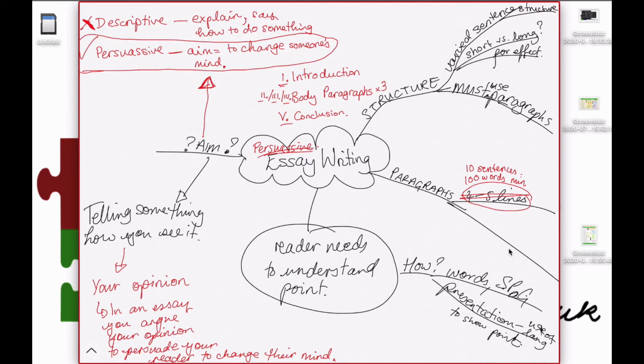Okay, right, next we're going to continue with structure. So you said we must use paragraphs, that's correct. Must use paragraphs. Do you know what a paragraph is for? Yes, so each paragraph discusses one point.